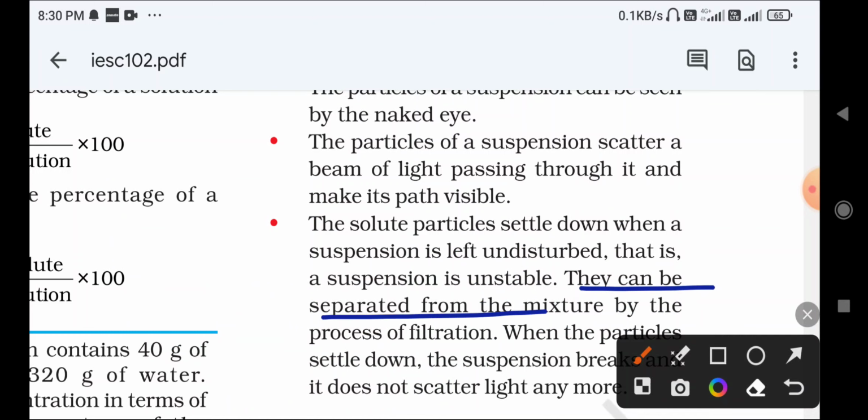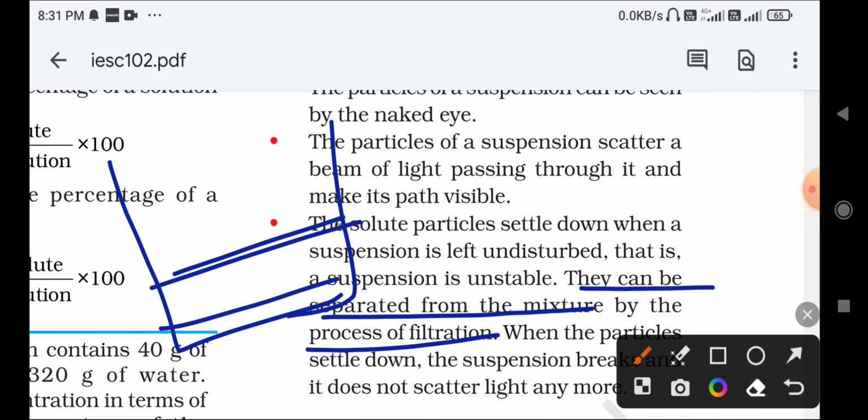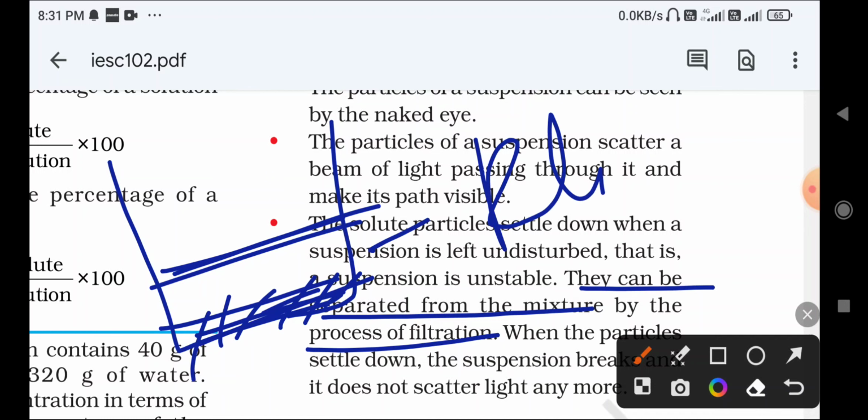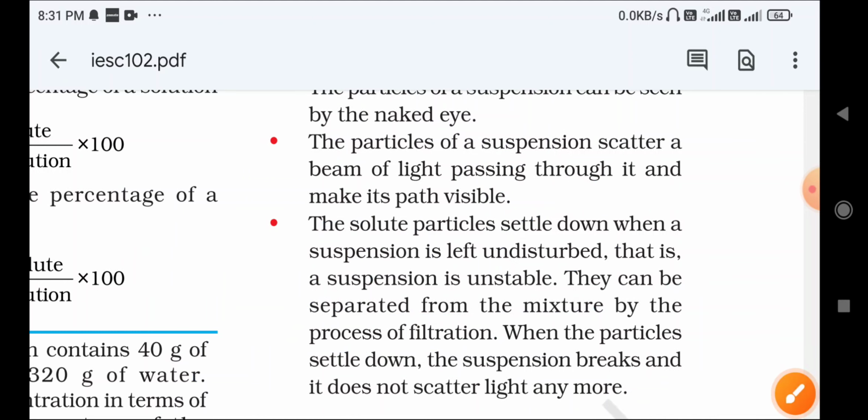They can be separated from the mixture by the process of filtration. These are the solutions which have particles settled down or on the surface, and we can easily separate them by which method? Filtration. Remember that suspension particles can be separated by the filtration method. This is very important; they will ask for 1 mark in an MCQ as well as in a one-mark sentence question.